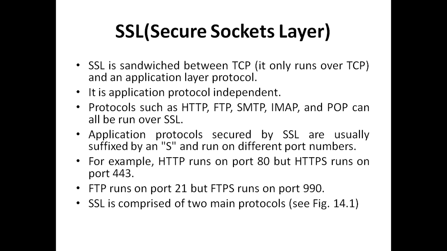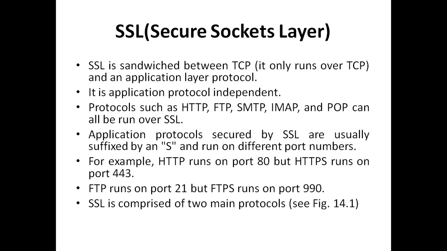The protocols which are used in the application layer are HTTP, that is hypertext transfer protocol, FTP, file transfer protocol, SMTP, that is simple mail transfer protocol, IMAP, and POP, that is post office protocol. These all protocols which are used in the application layer can be run over the SSL.